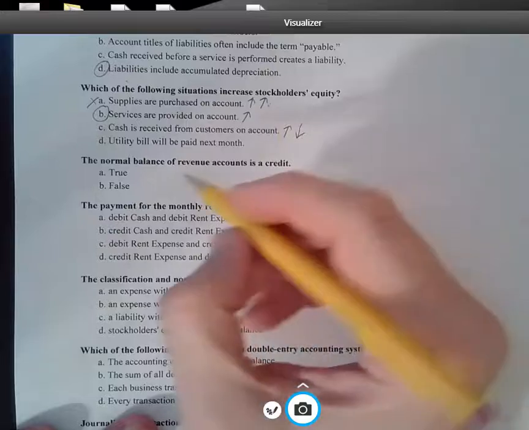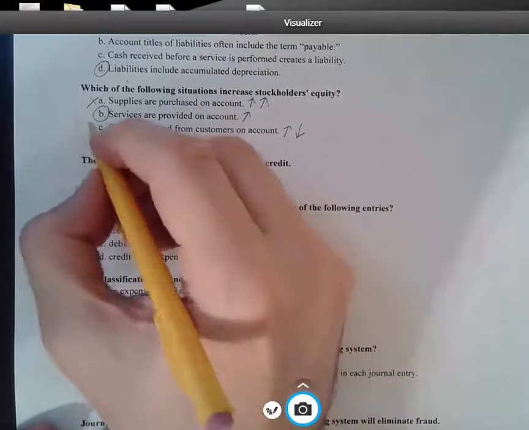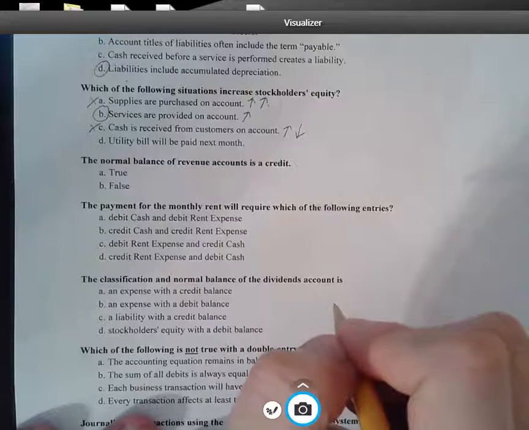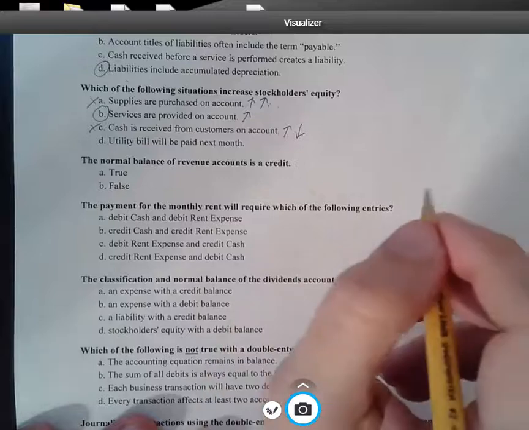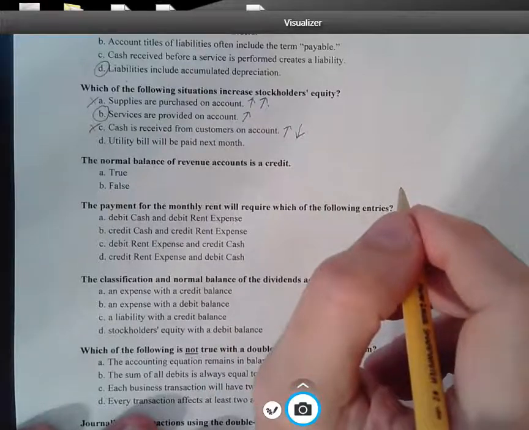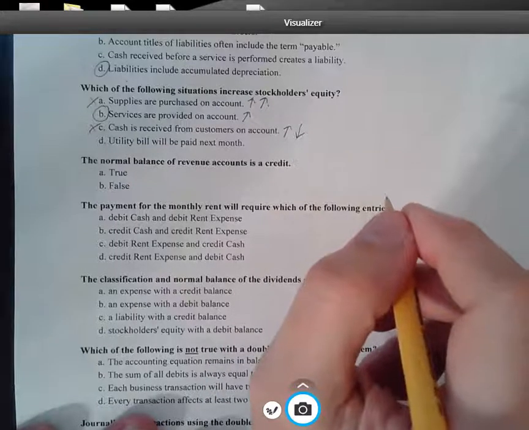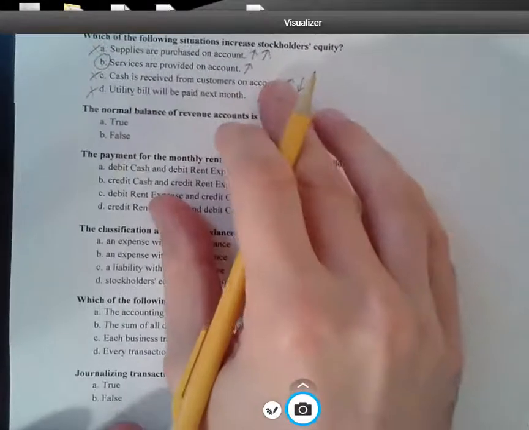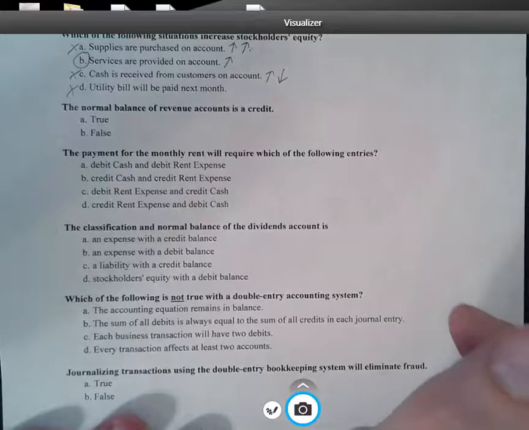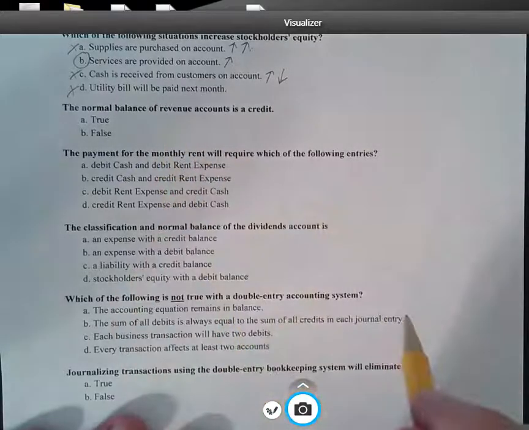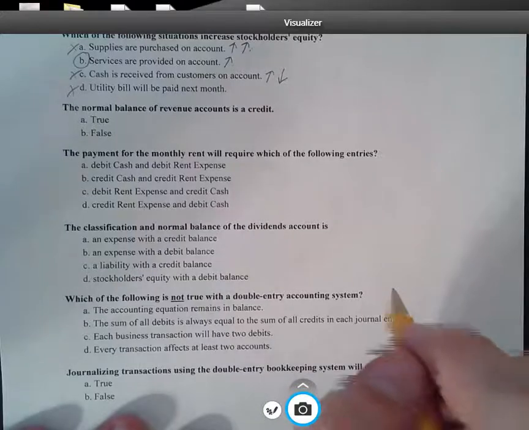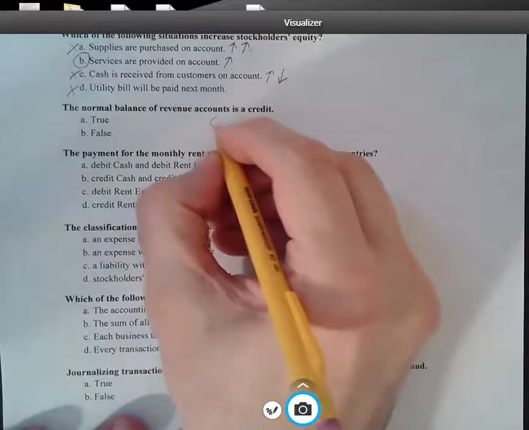And then choice D, let's go ahead and put an X by that. Choice D says utility bill will be paid next month. Well, in that situation, we have increased liabilities. We haven't done anything to help out with our assets, so that's going to be wrong. All right, next question says the normal balance of revenue accounts is a credit. Think about a cash transaction.